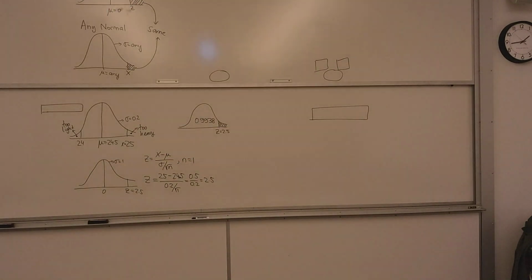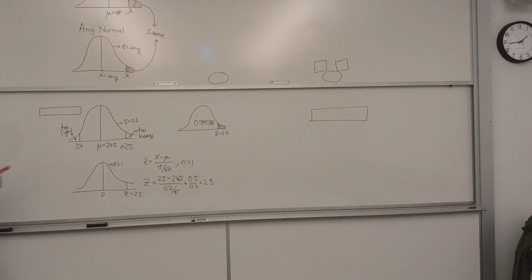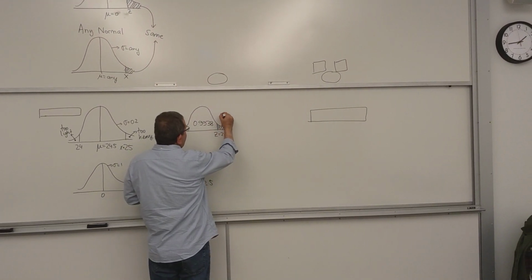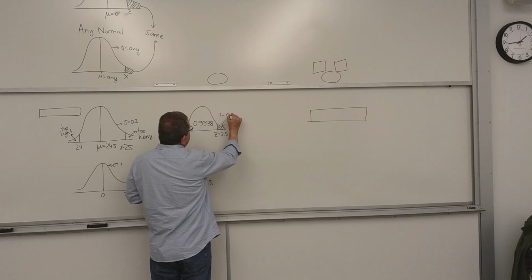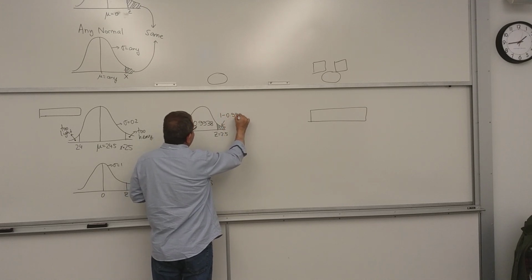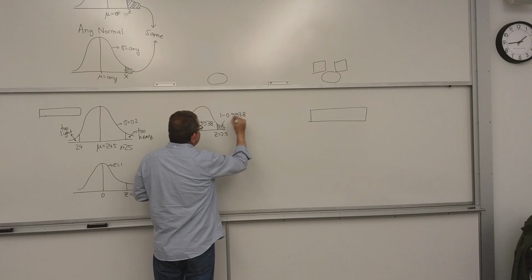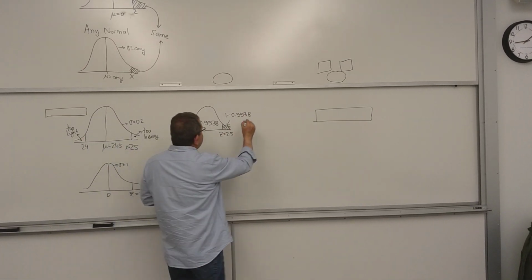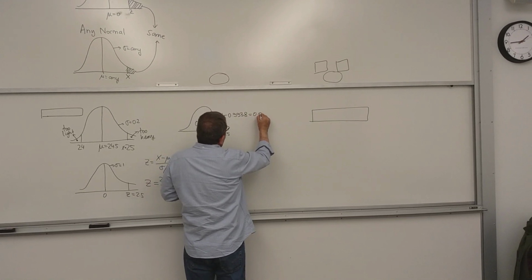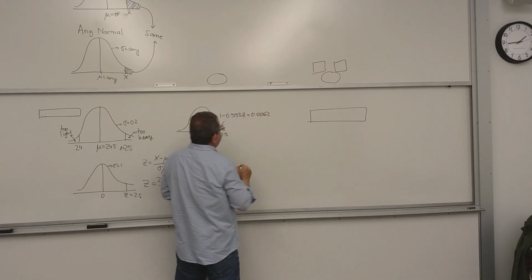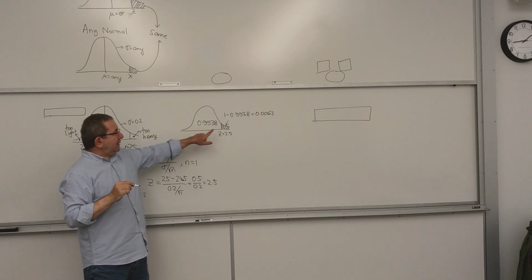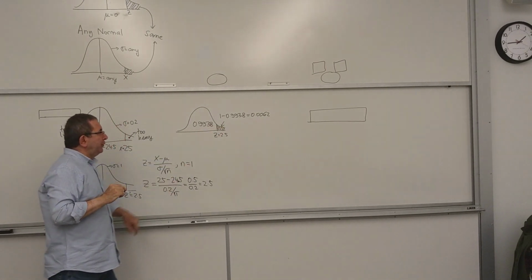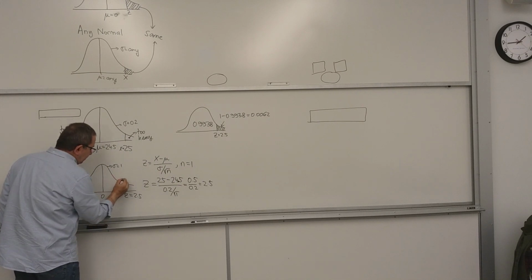So if this is the belly probability, what is the tail probability? The tail probability will be 1 minus 0.9938, and that equals 0.0062. So the tail probability of z equals 2.5 is 0.0062.